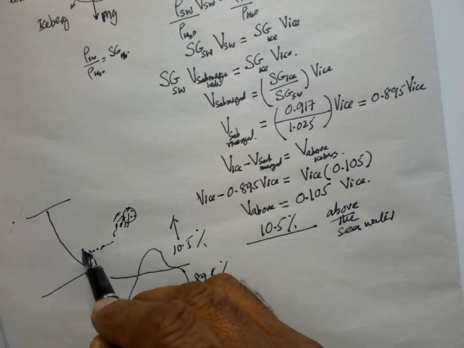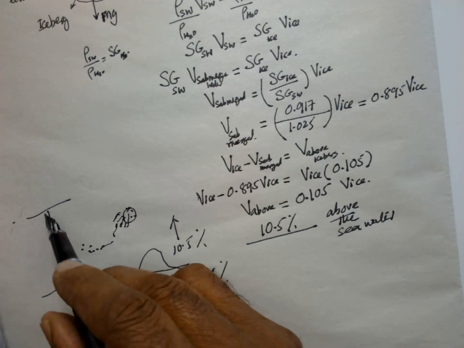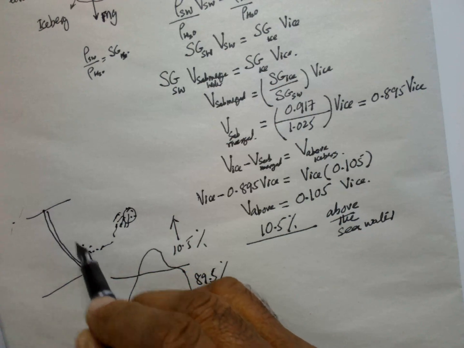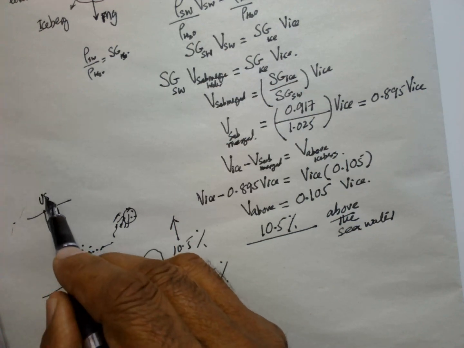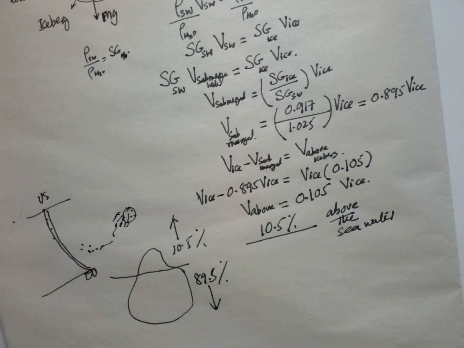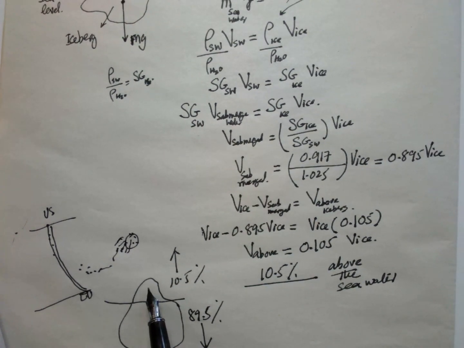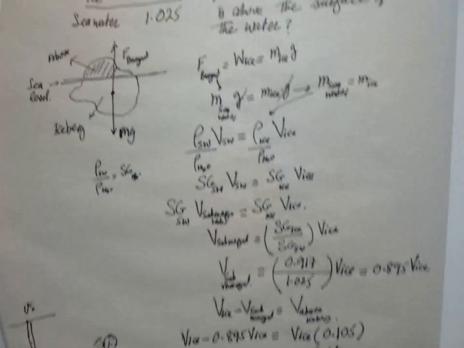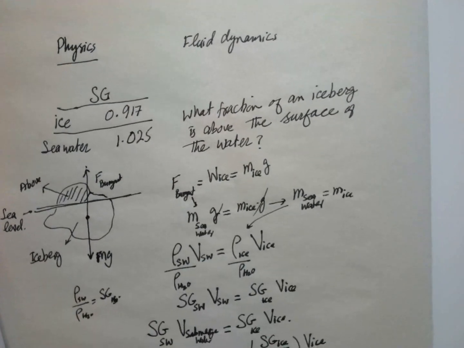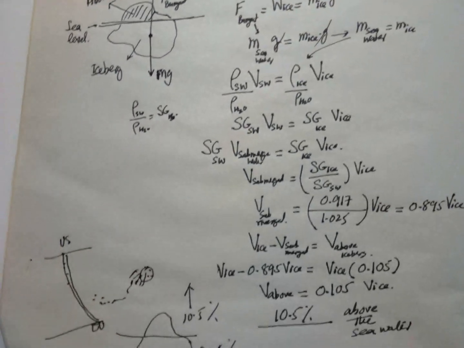They come to the Atlantic, and the Antarctic route from EU, UK to US, North America is very dangerous because the very small portion of iceberg is above the sea level. Most of it is below because of the density difference. So this is the answer of the question.